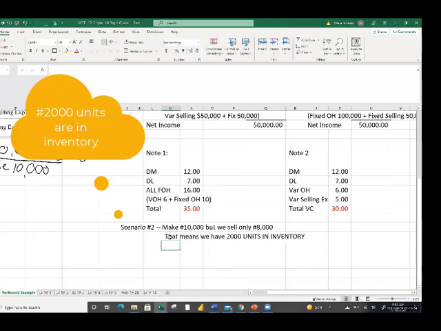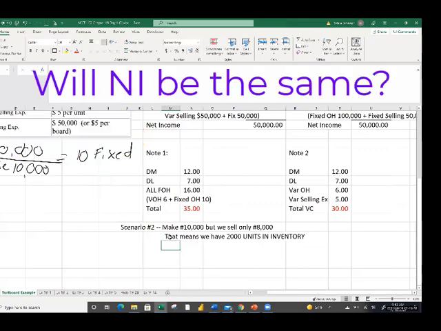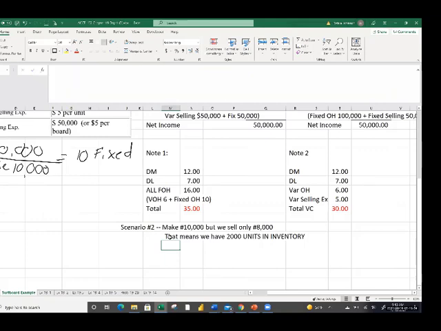Now I can predict right now, and hopefully you will be able to as we get on in the chapter and we practice this more and more, the change in my net income between these two methods. How can I do that? The only change between these two methods is how that fixed overhead cost is treated.